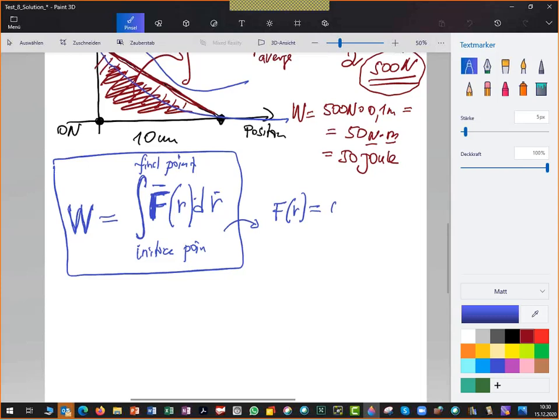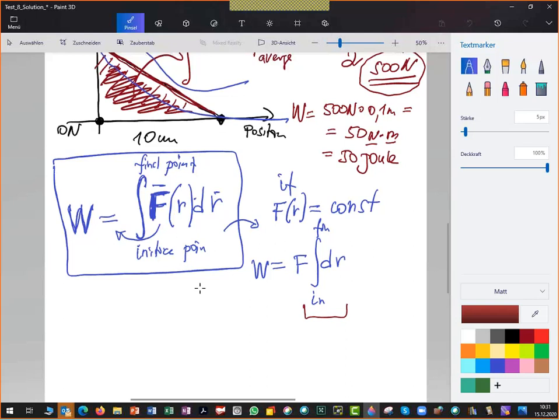In this case, mathematically, we can take this value out of the integral, and it will result in F times the integral from initial to final of dr. And this integral is simply our displacement, our vector r.